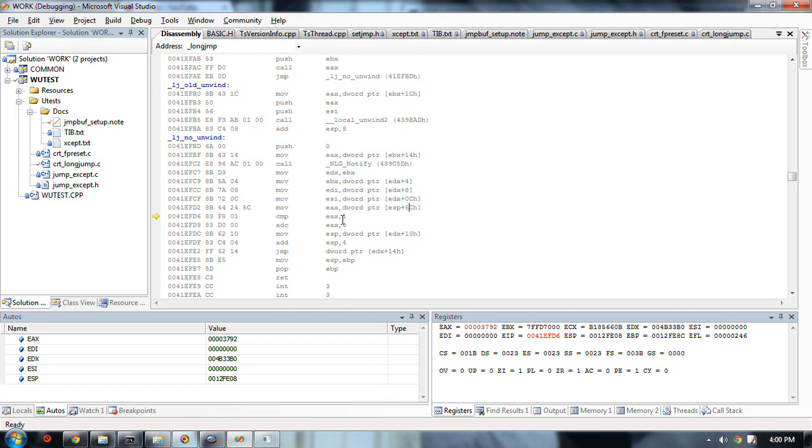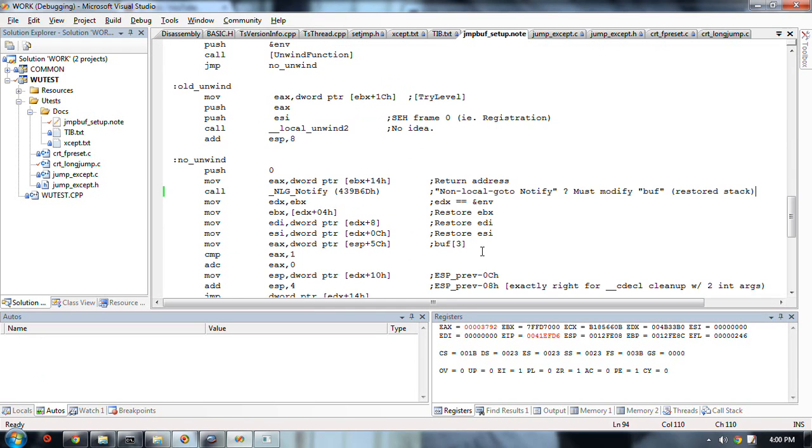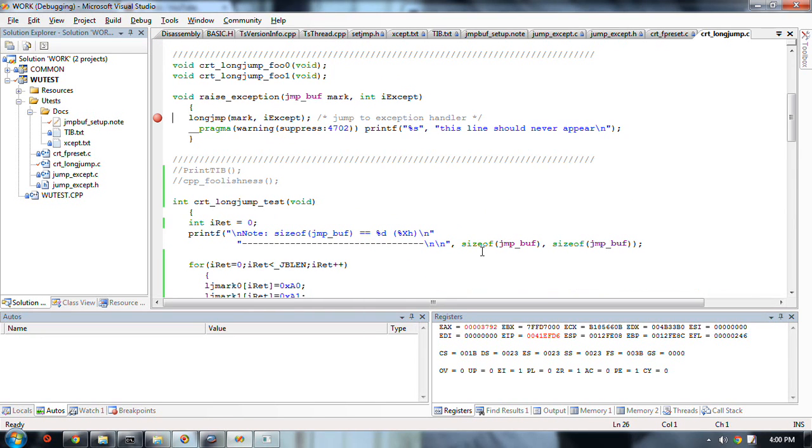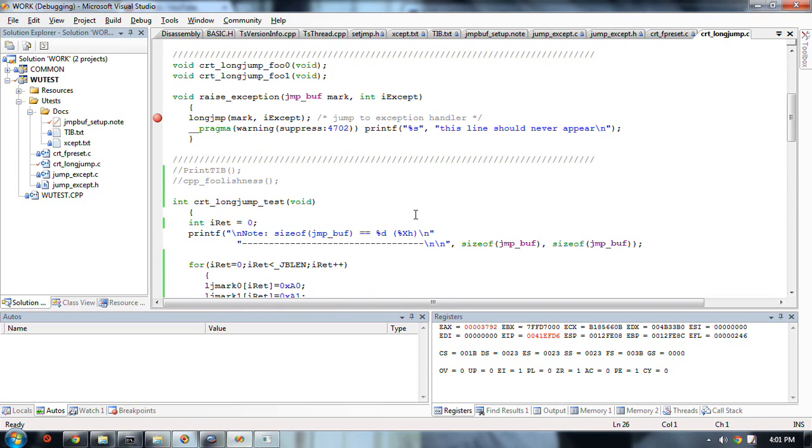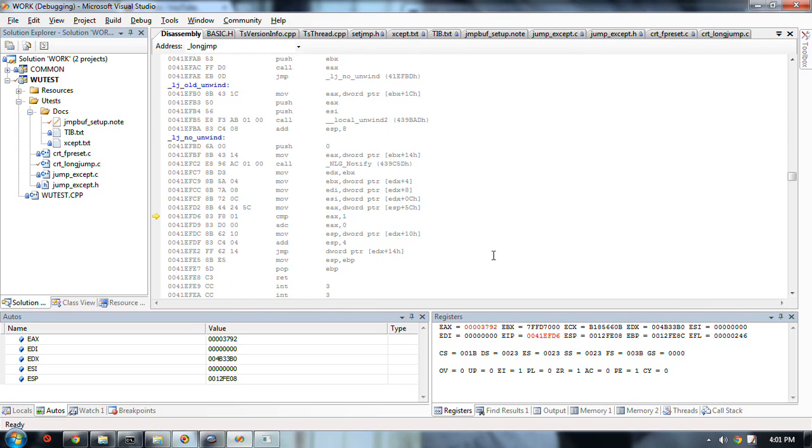And now we're comparing it with 1. Why 1? There must be a special meaning to 1. But there's nothing in the code to compare with 1. I mean, there's nothing explicit.